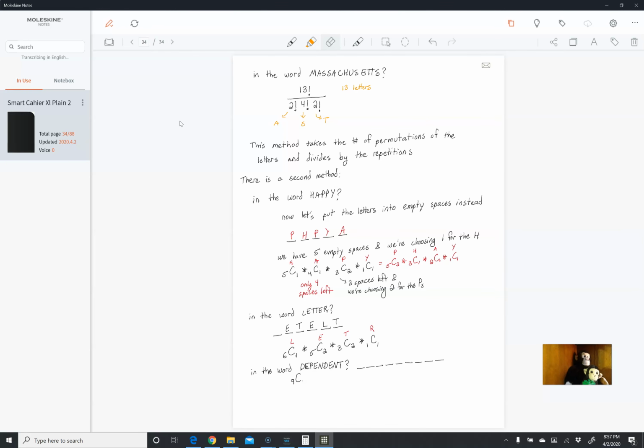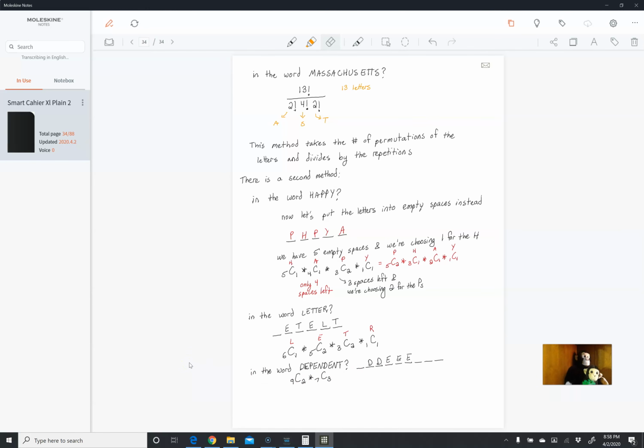So we're going to choose 2 of them for the D's. Again, it doesn't matter which ones. Now we have 7 spaces left. And we're going to choose 3 of them for the E's. The order in which we choose those 3 spaces doesn't matter. If we chose this space first, and then this space, and then this space, ultimately they would all still have E's. So that's why we're using the C instead of the P.